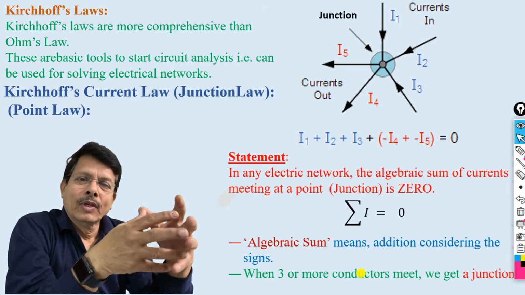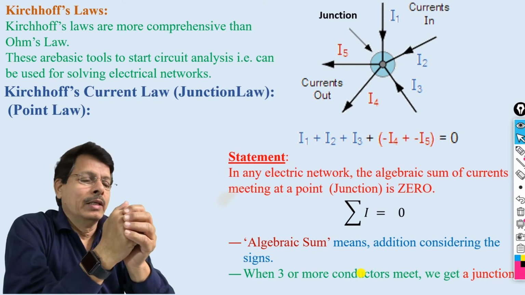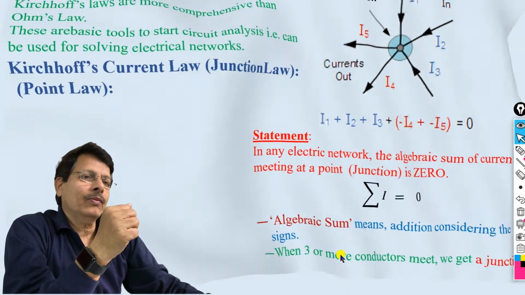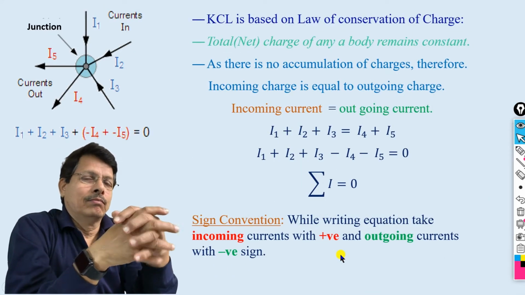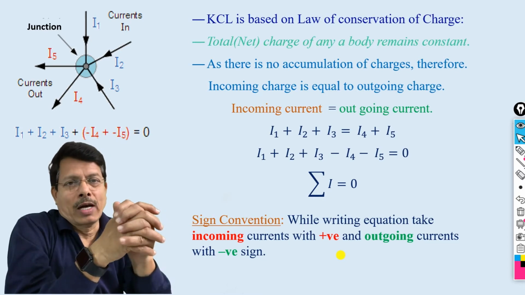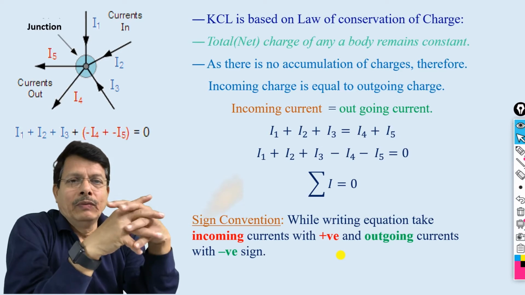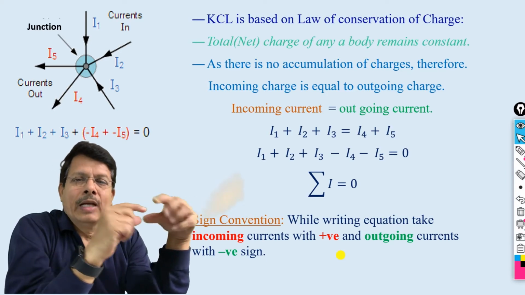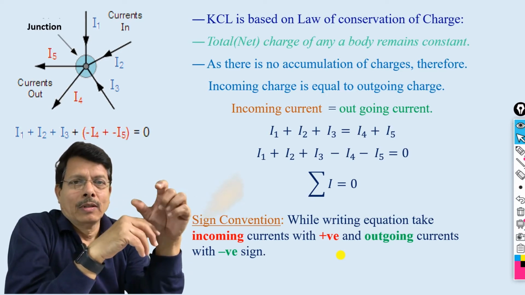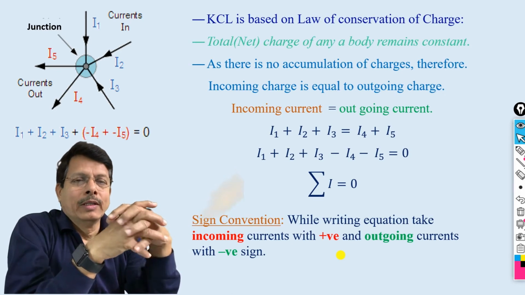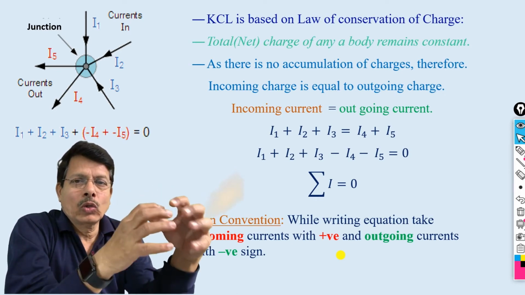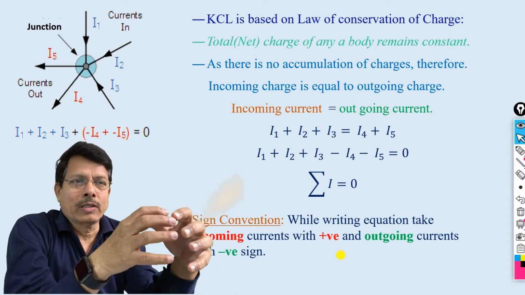And it is based on the law of conservation of charge. If we consider any isolated, independent body, then its net charge, total charge, remains constant.